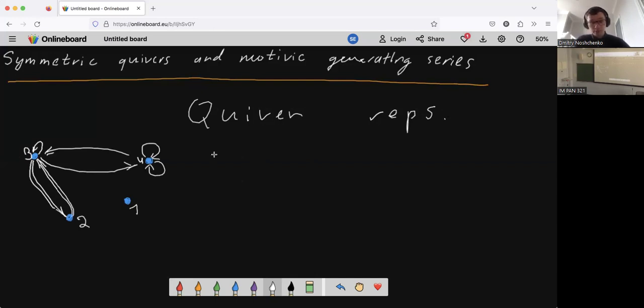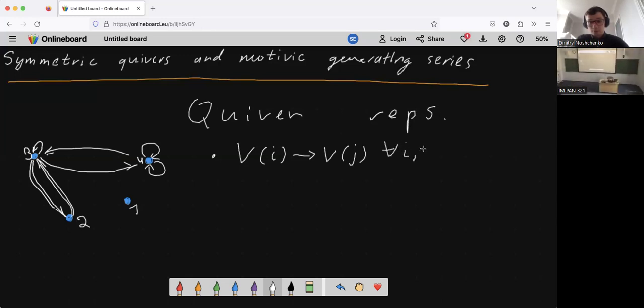So a representation would be a collection of objects like this. So we have vector space Vi and the map to Vj, for every i, j which belong to the set of quiver nodes, which we usually denote by Q0. And the set of arrows we denote by Q1.